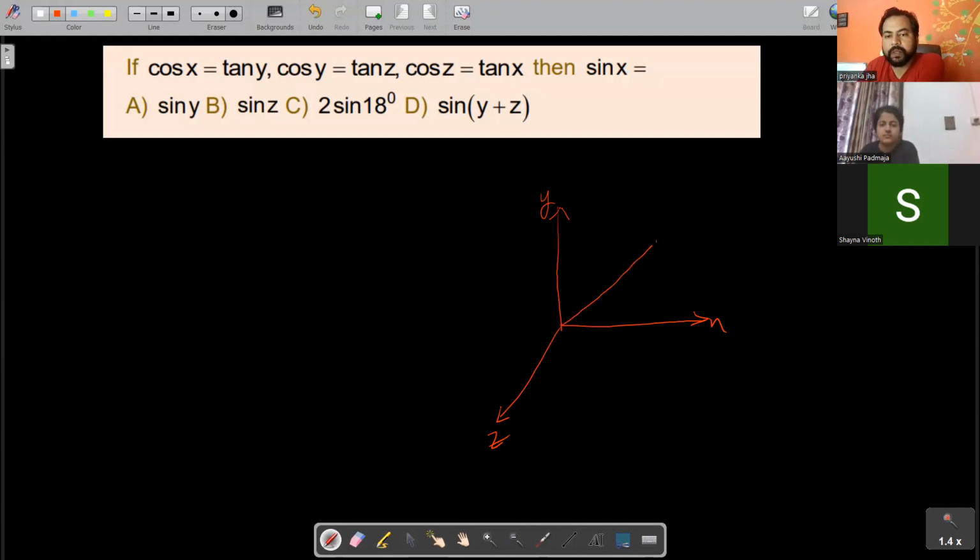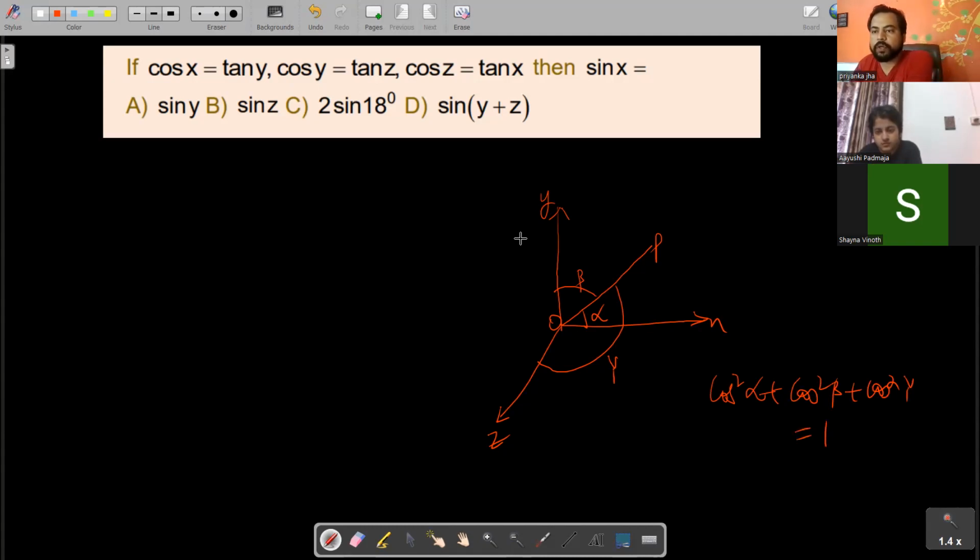This line makes angle alpha with the positive x-axis, beta with the positive y-axis, and gamma with the positive z-axis. And you have to find cos square alpha plus cos square beta plus cos square gamma. The value is 1.